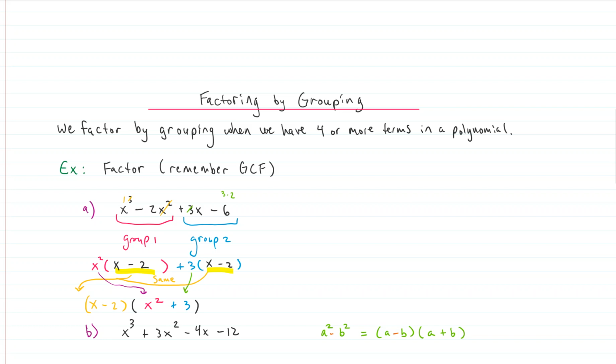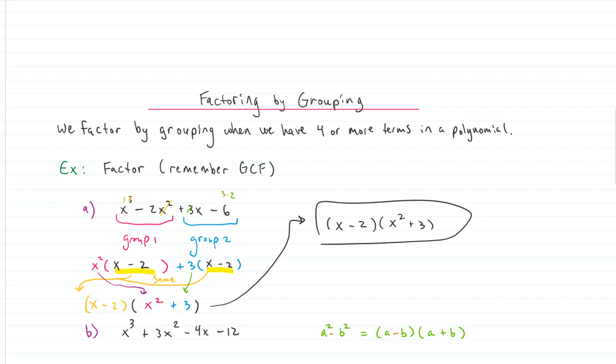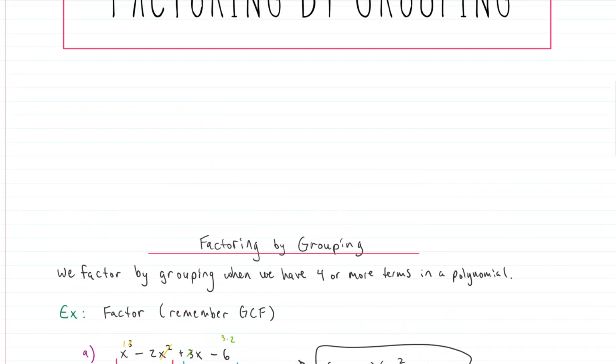And that's it. I might want to write this up here just because it looks a little awkward. So we have x minus 2 times x squared plus 3. And we're done. We've factored this polynomial by grouping.